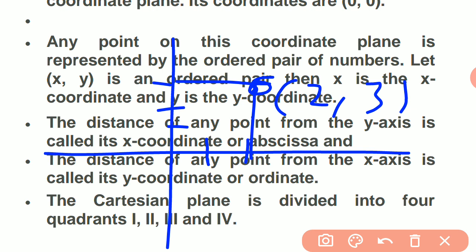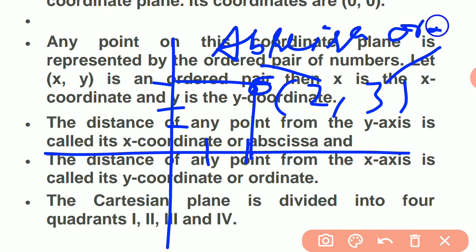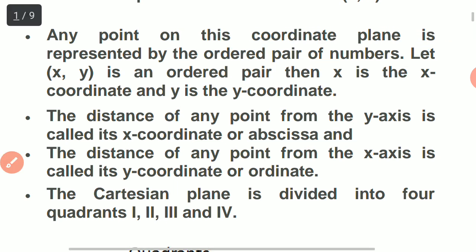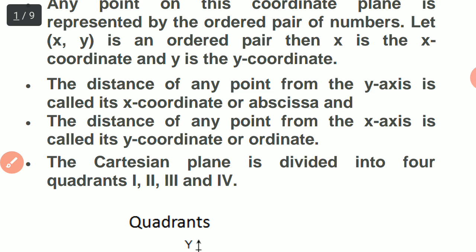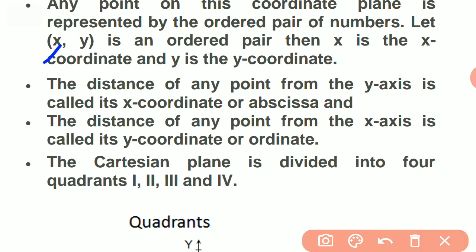Then 2 is known as the abscissa and 3 is known as the ordinate. It means the x-coordinate is the abscissa and the y-coordinate is the ordinate.